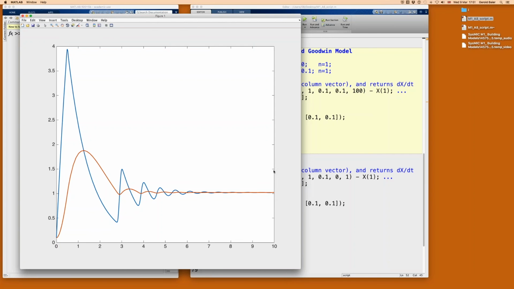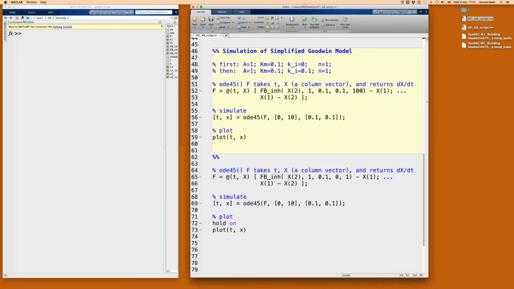For those interested in those things of feedback regulation and also some engineering principles, there are cases, and also what the Goodwin model was originally made for, is to actually describe oscillatory behavior. So where the oscillation is not damped as we have it here, but an oscillatory behavior that is maintained, because that has been observed experimentally.